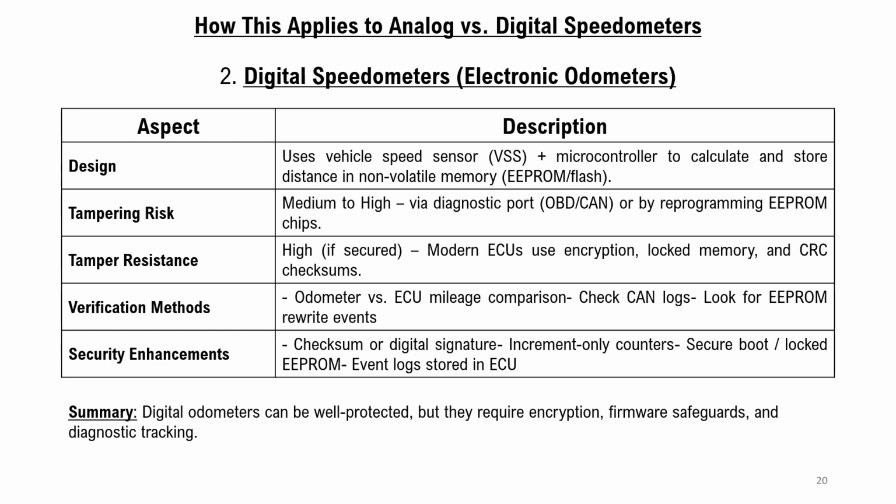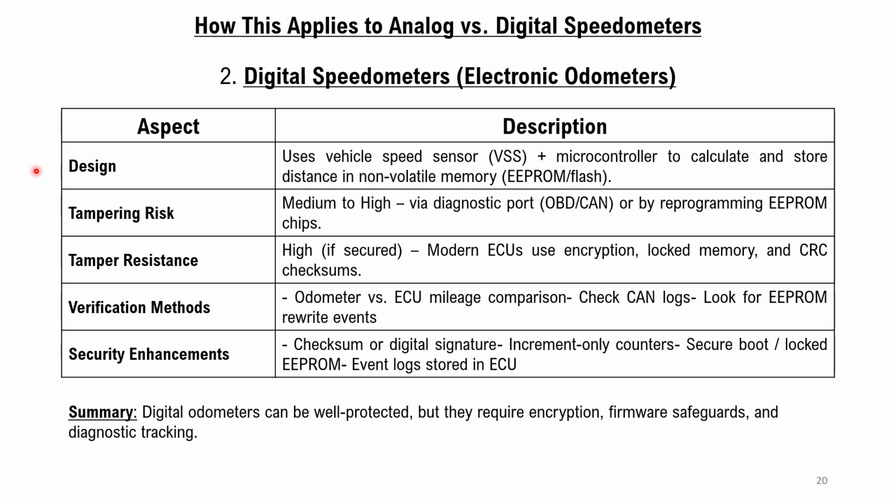How this applies to digital speedometers. The design uses a vehicle speed sensor, that is VSS, plus a microcontroller to calculate and store distance in non-volatile memory, that is EEPROM or flash.